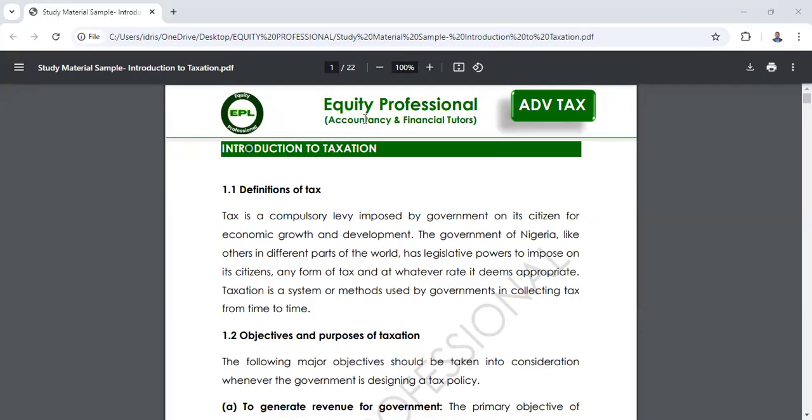After that, we move to taxation of specialized business.